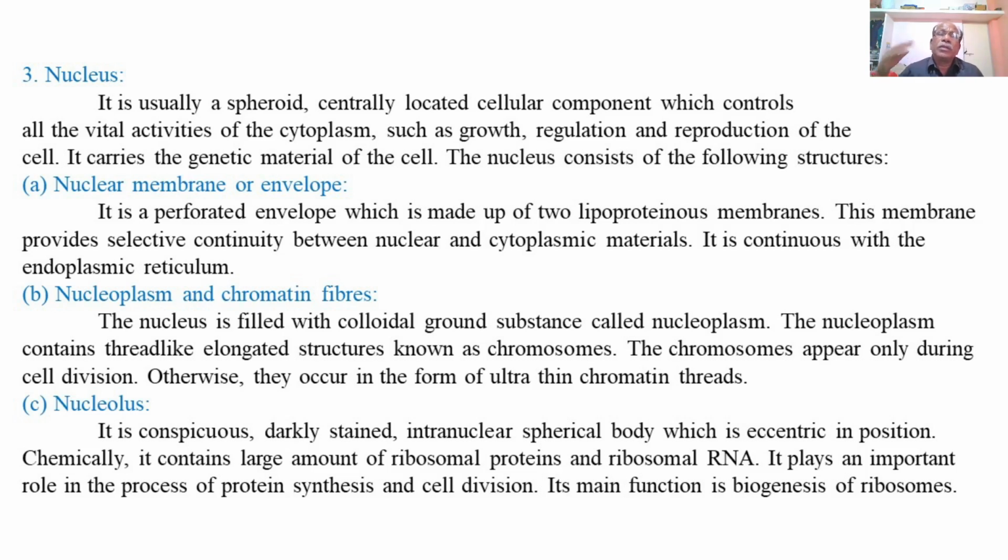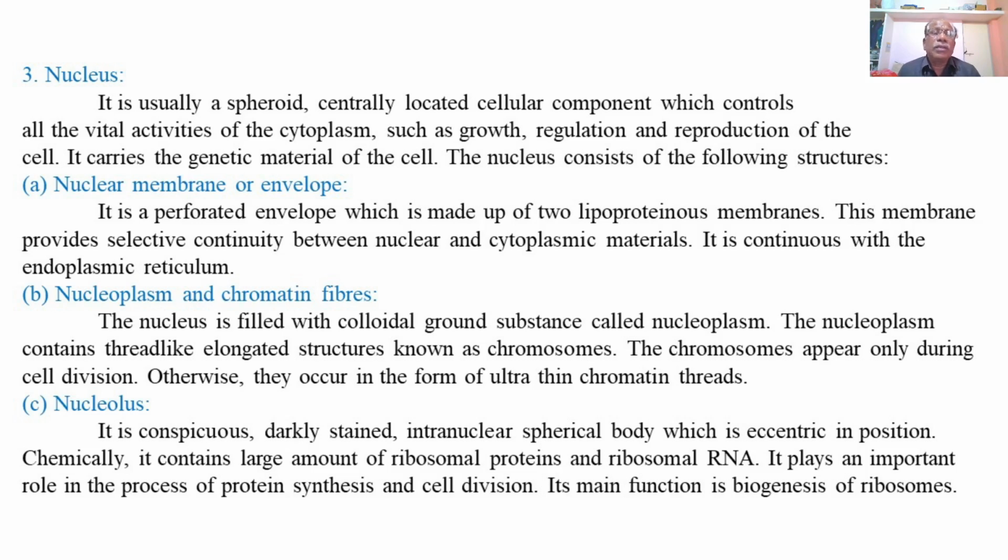After telophase, during the growth of the cells after cell division, the chromosomal material becomes very thin and appears as a coiled mass, where we can't see the thread-like elements of the chromosomes in the nucleus.